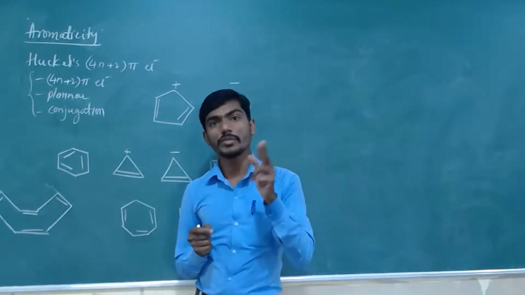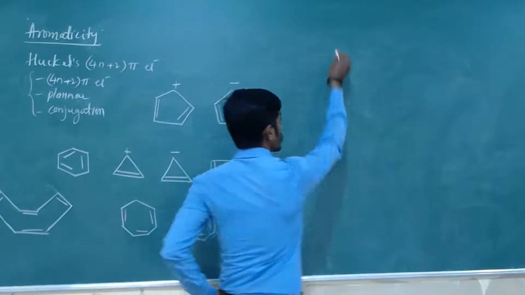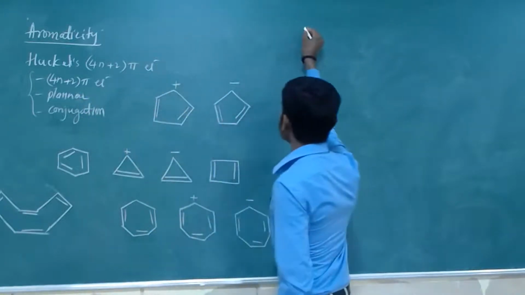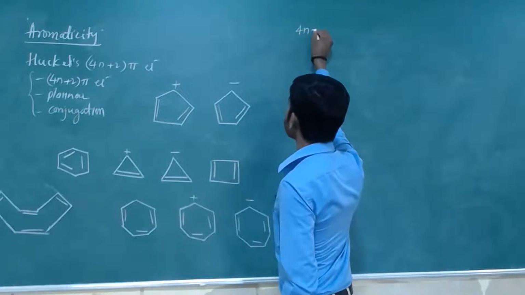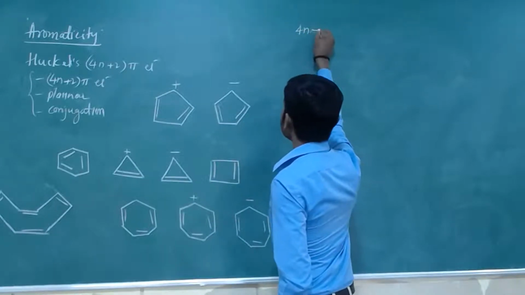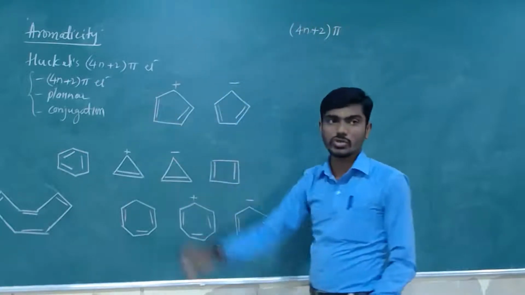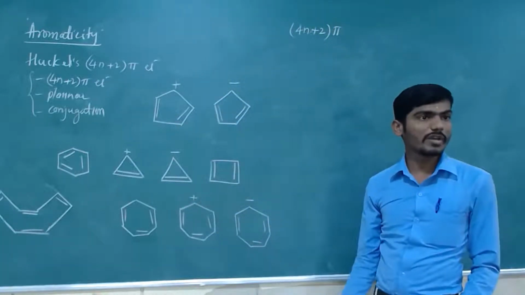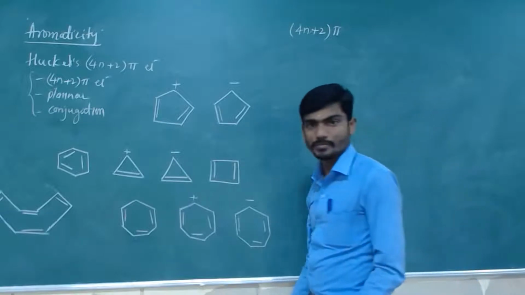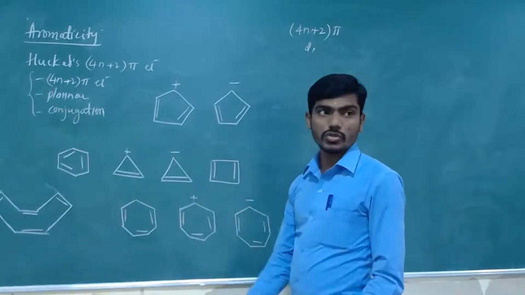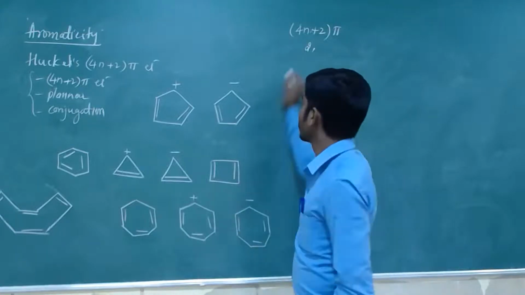The 4n plus 2 rule. If the compound, in addition to these two conditions, has 4n plus 2 pi electrons, where n is 0, 1, 2 and so on. If n is 0, how many pi electrons? 2. If n is 1, 6.